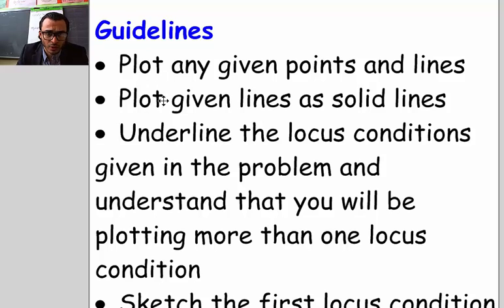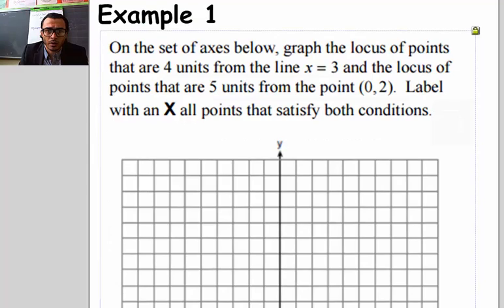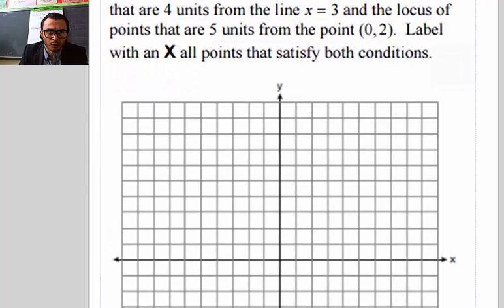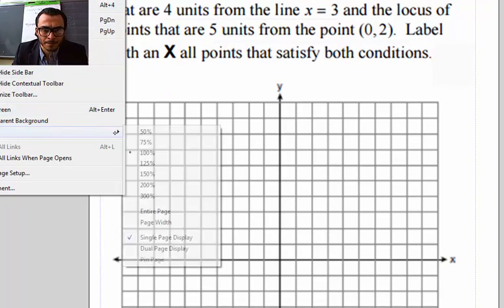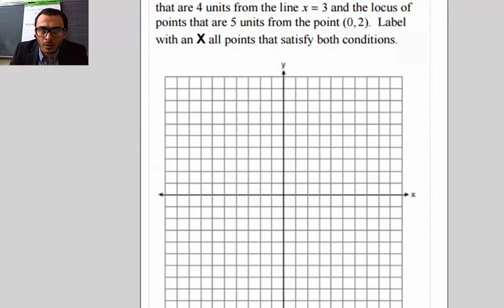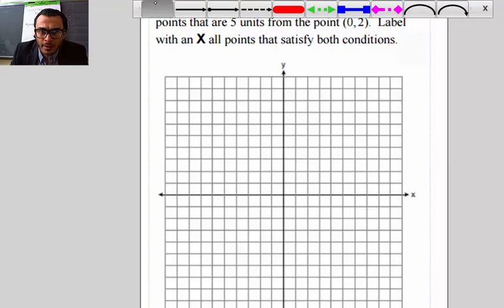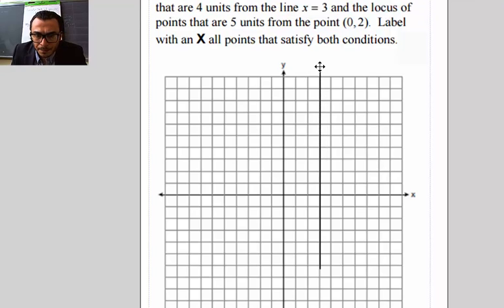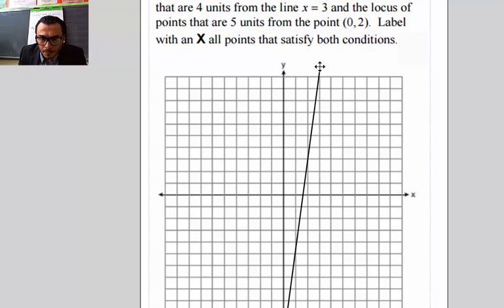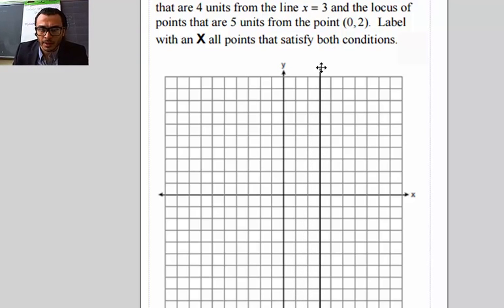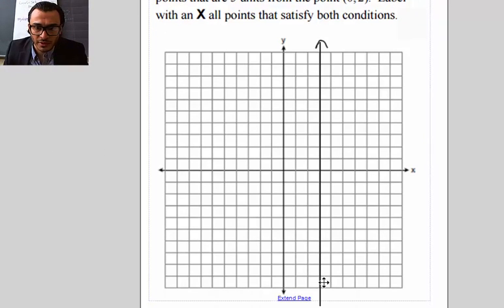and make sure that you plot the given lines as solid lines. So the given line is x equals 3. So let's go ahead and plot that line. The line x equals 3 is right over here. Alright, there it is. So got the line x equals 3, and given lines should be solid lines.